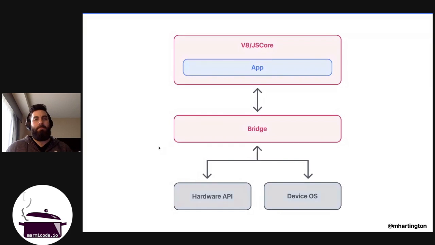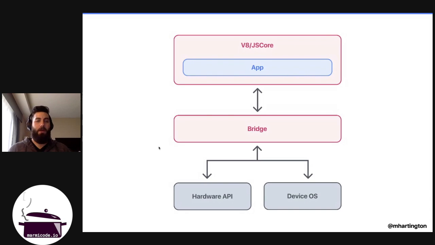So instead of there being a web view, we have V8 on Android and JS Core on iOS. Now it interprets your app, which essentially is all written in JavaScript. And then from that actual runtime, they make calls to yet another bridge technology.